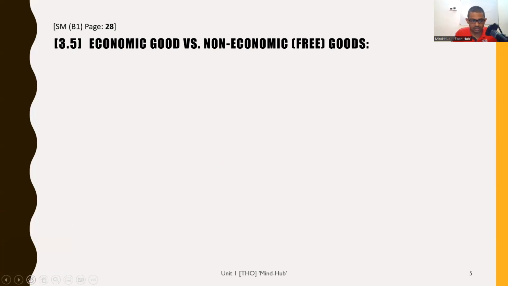When it comes to economic goods, what did we keep in the center? We said if something is an economic good, it will essentially have an opportunity cost.